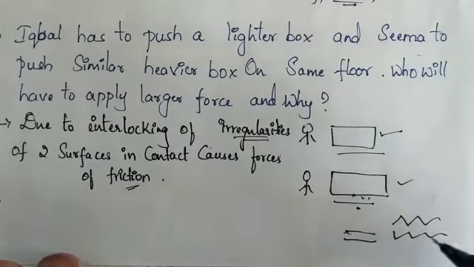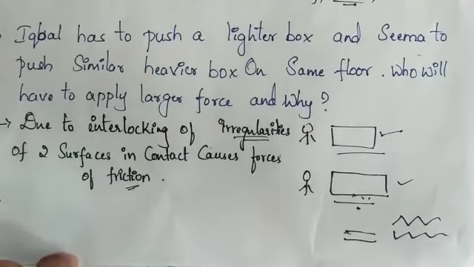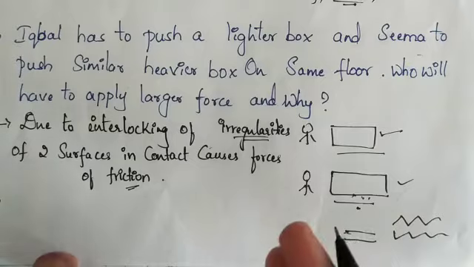For example, in a rough surface, interlocking is more compared to a smooth surface. So due to interlocking of irregularities of the two surfaces in contact, force of friction arises.